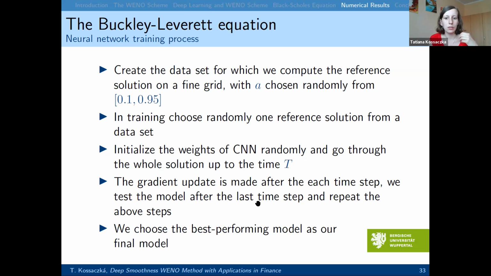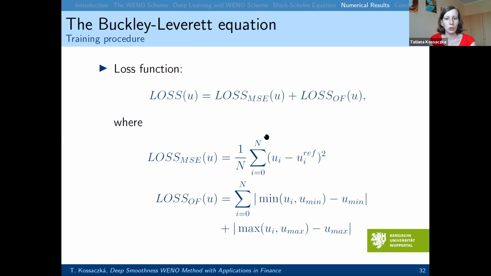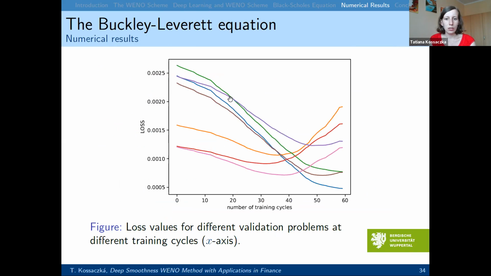We tested it after the last time step of a particular problem with a randomly chosen A. And then again, we choose the best performing model as our final model. And this is the numerical scheme, which is then used for any parameter A and for solving of this Buckley-Leverett equation.